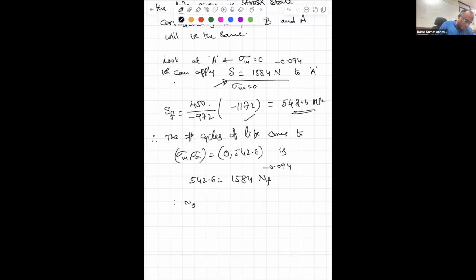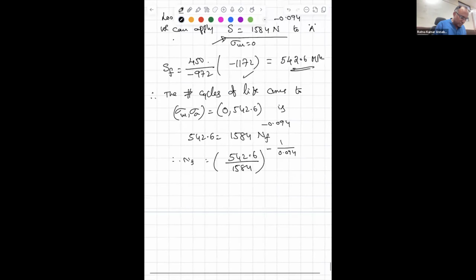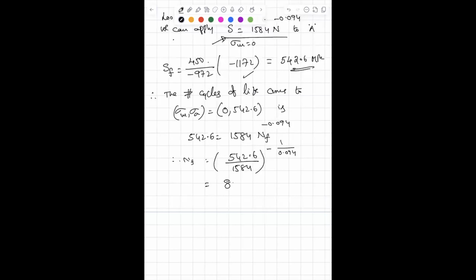Therefore, NF is equal to 542.6 divided by 1584, whole to the power minus 1 by 0.094. What is that value? 89,191. So 89,191 cycles.